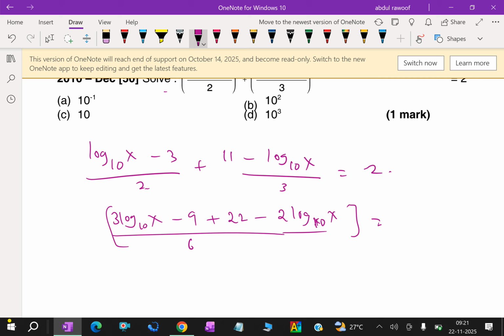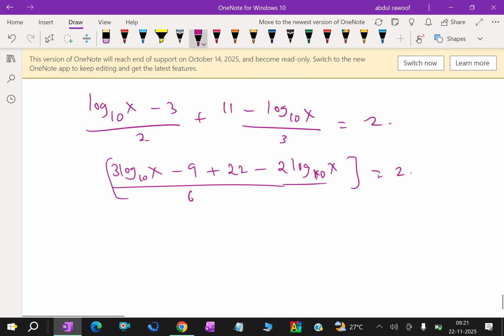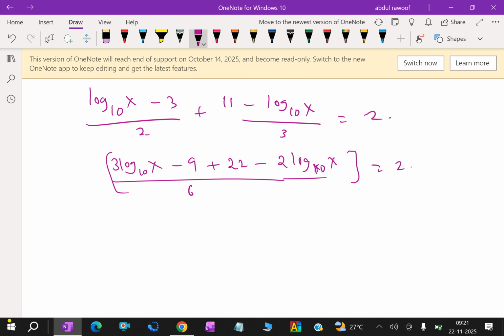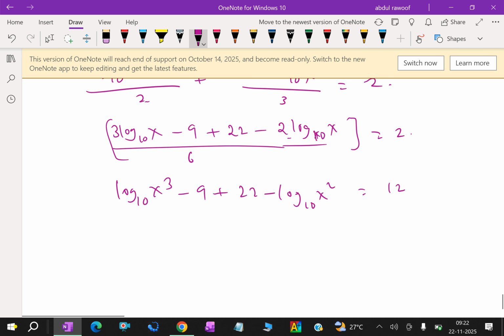equal to, then by cross here, 3 log base 10 x is log base 10 x cube, minus 9 plus 22, minus log base 10 x square, which is equal to 2 into 6, is 12.